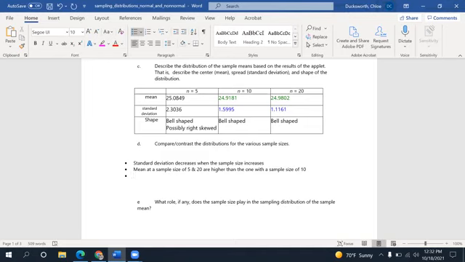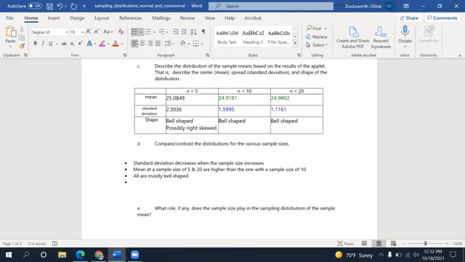I would say all of them are mostly bell shaped. Yeah, the first one could possibly be right skewed. That could be a difference. I don't know how to put that in a sentence, but let me see.